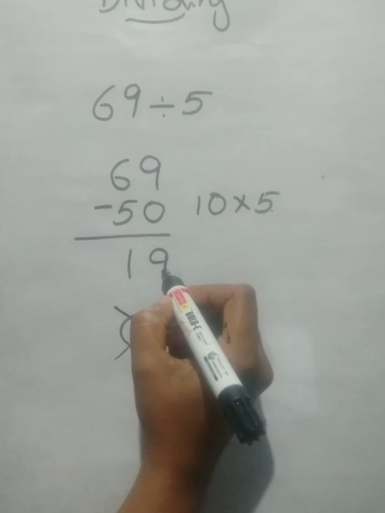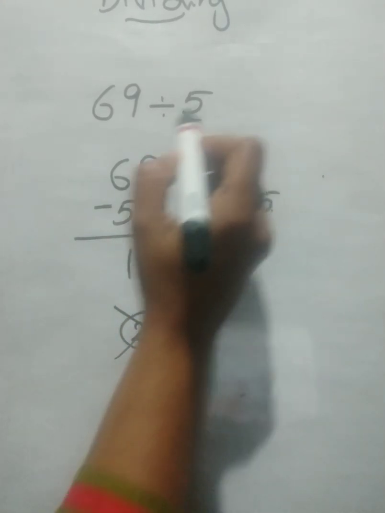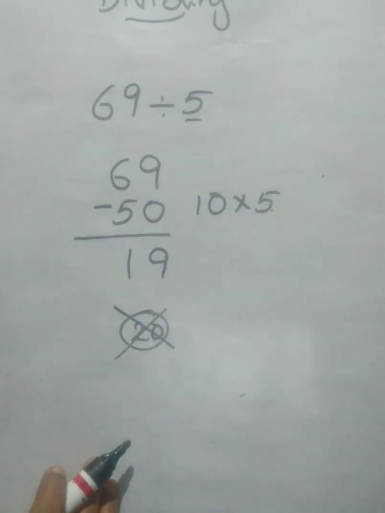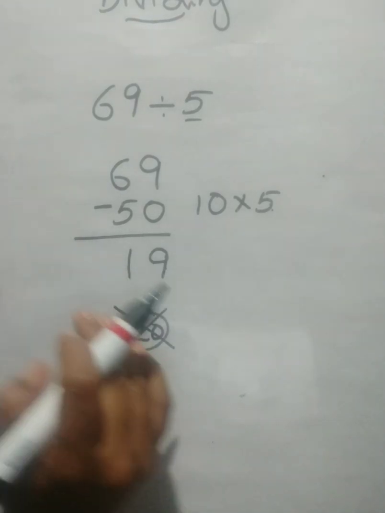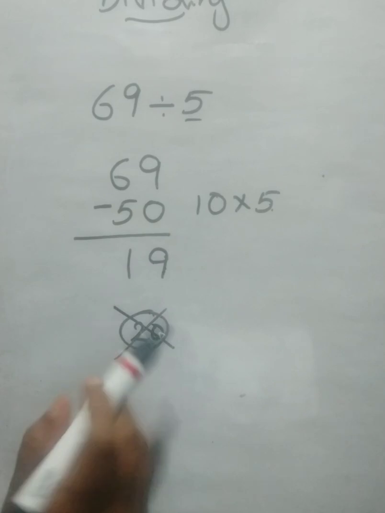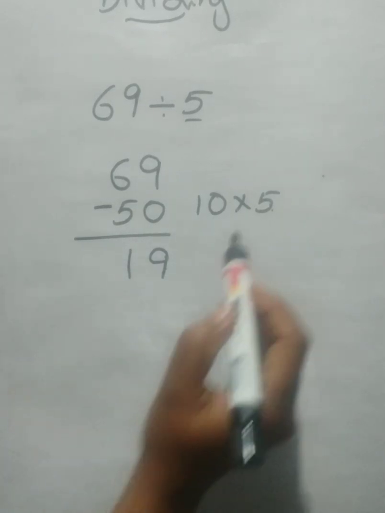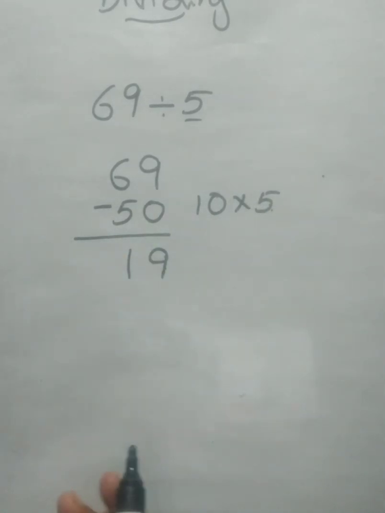If this number is not there in this multiplication, we have to consider less than and just previous number of this 19. That should be in 5's table.